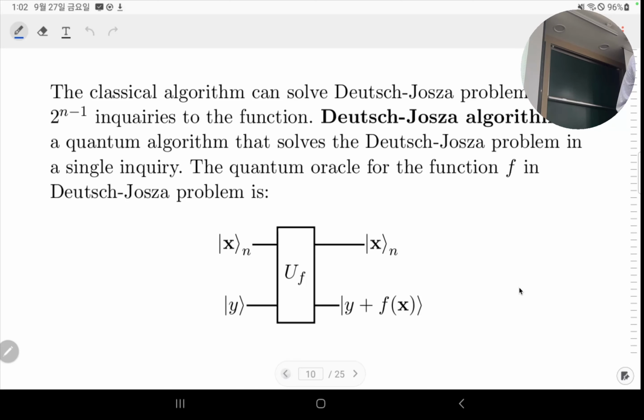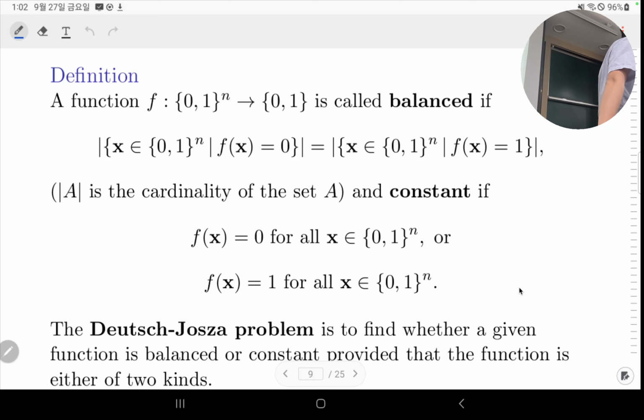A function is called balanced if it has the same number of outputs, 0 or 1. It's constant if it has all the same output, 0 or 1. I'm not considering all kinds of function. I only take into consideration two kinds of function here. Having this assumption, how do I find out whether my function is balanced or constant is the problem.